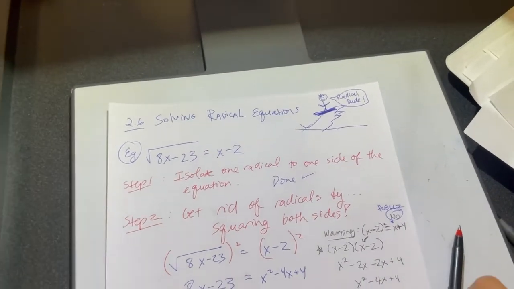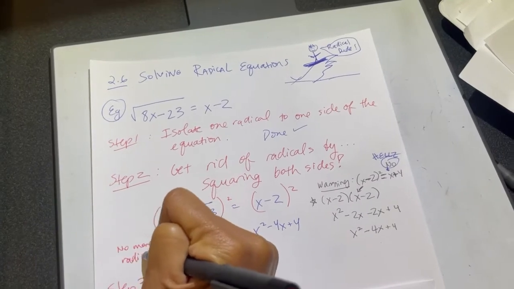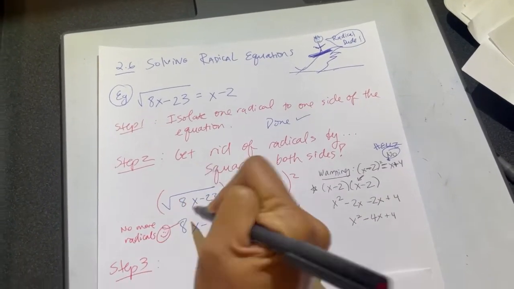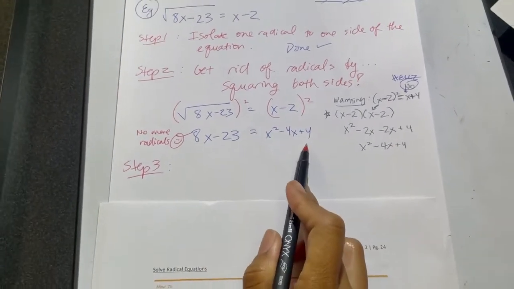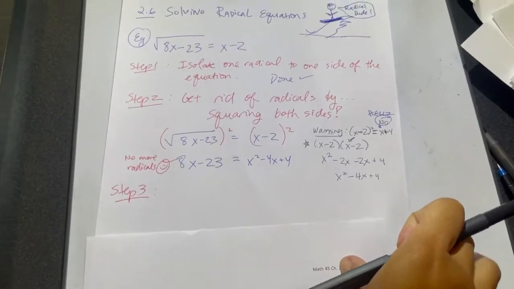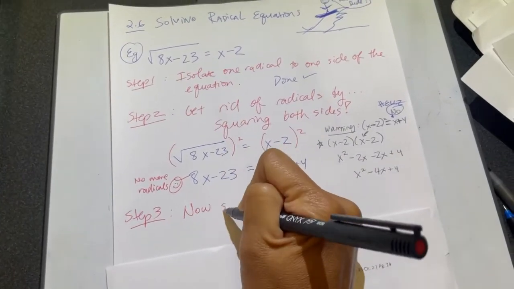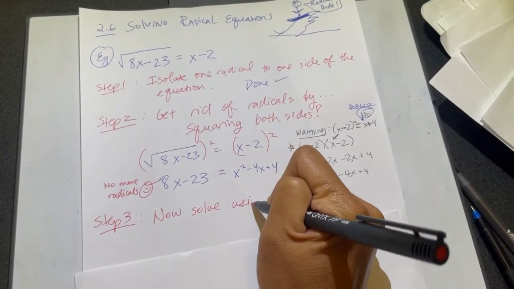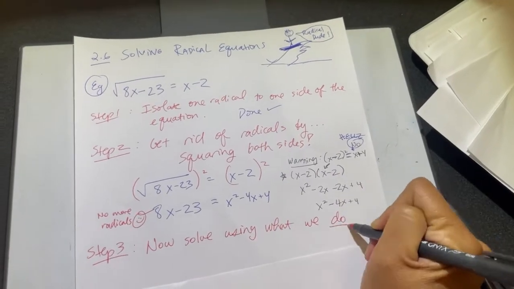So no more radicals. Happy face. Now that there's no more radical, what kind of equation is this? It's just a quadratic equation, right? Now solve using what we do know.